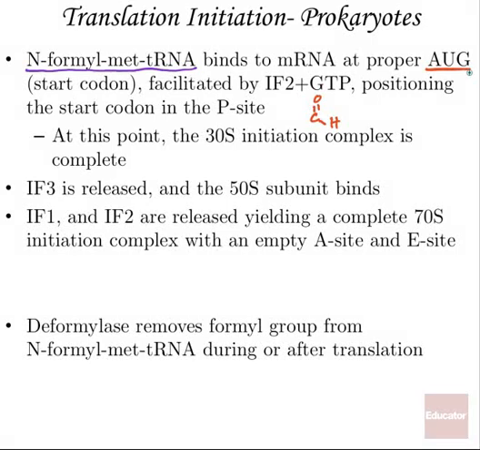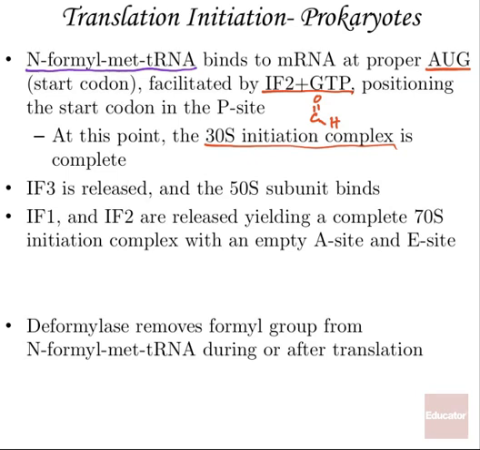Okay, that is facilitated by our IF2 and GTP that's already there, and that helps position the start codon in the P site. Okay, the P site is where we are going to have the peptidyl transferase reaction. So that's where we're actually going to catalyze the synthesis of that peptide or amide bond. Okay, so at this point, once we have this formylated methionine tRNA bound in there, we have a complete 30S initiation complex. All right.